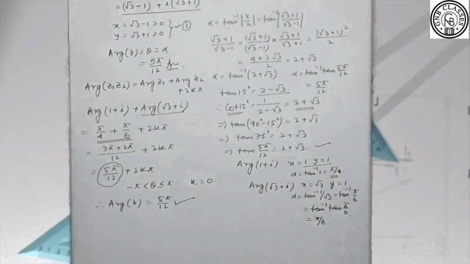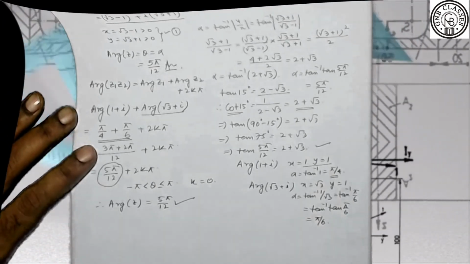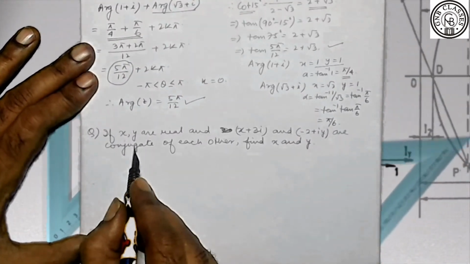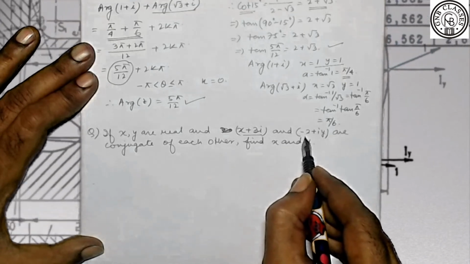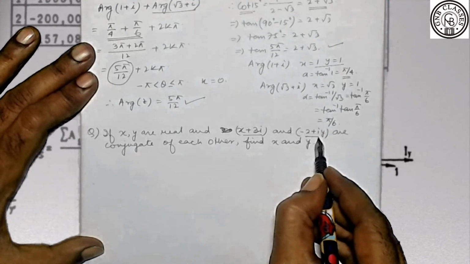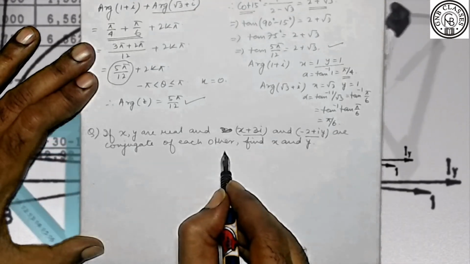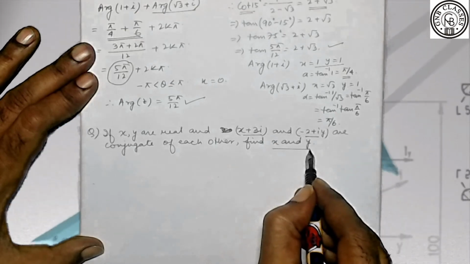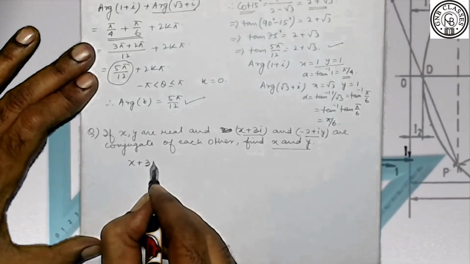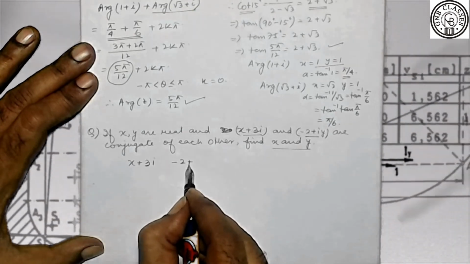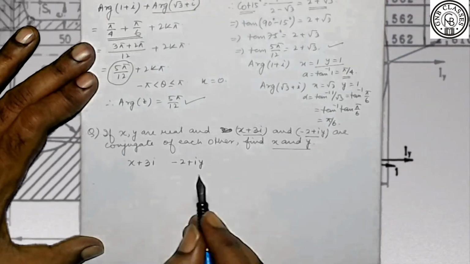Now let me just do another sum and we will end this video. The question is, if x, y are real and x plus 3 iota and minus 2 plus iota y are conjugate to each other, find the value of x and y. What they have said, x plus 3 iota and minus 2 plus iota y, they are conjugate to each other.